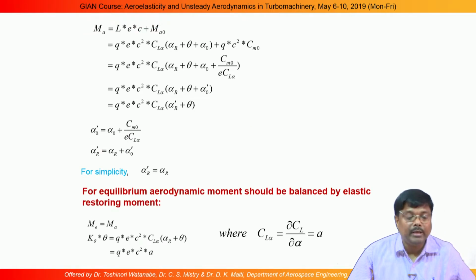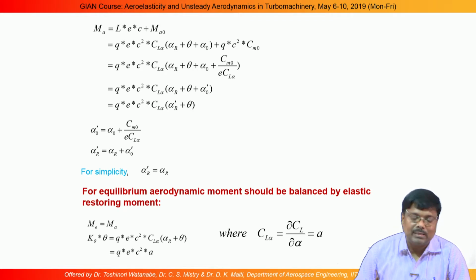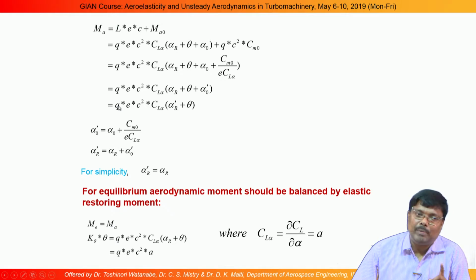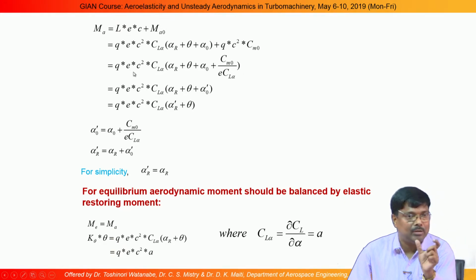Then we can go to the total aerodynamic moment calculation. That MA I will calculate taking alpha r plus theta, and Q, the dynamic pressure, times E C square, where EC is the distance between the elastic axis and the aerodynamic center.